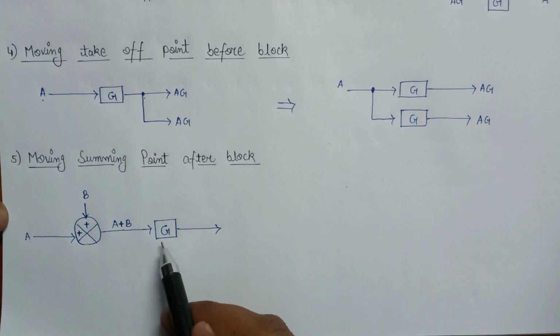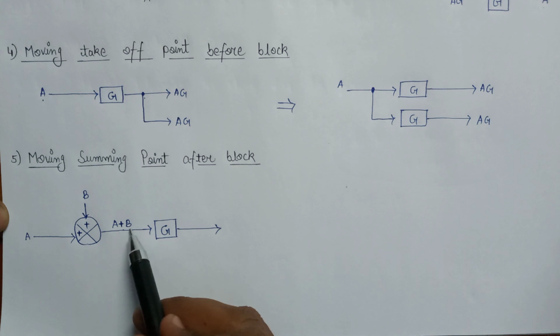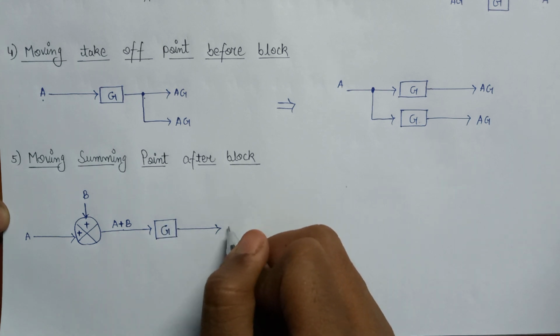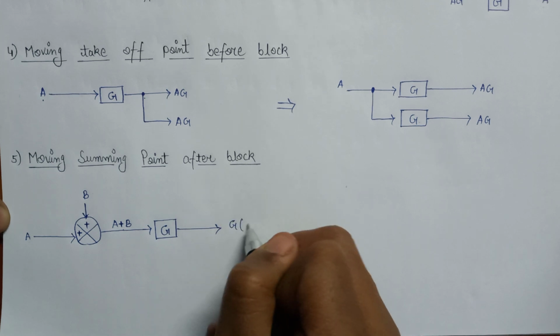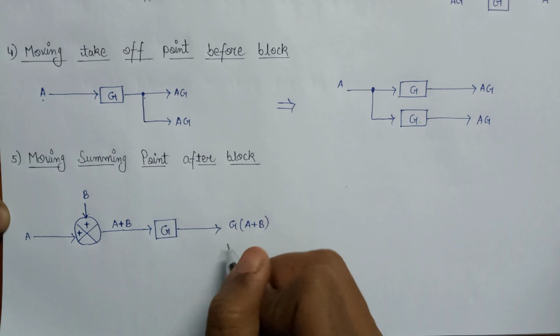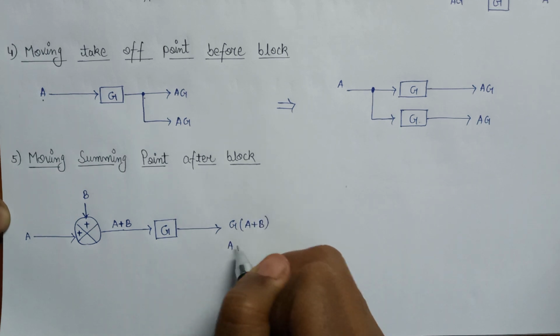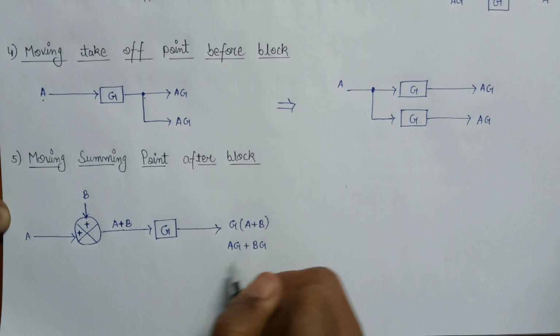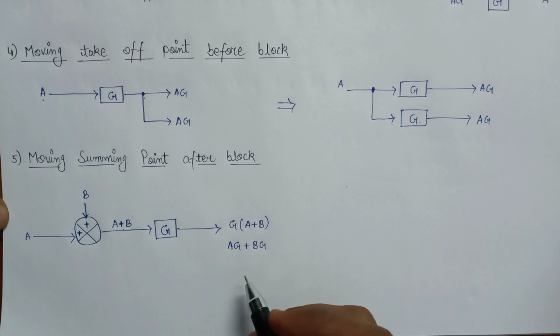That is nothing but a multiplication of this A plus B and this gain G. So it will be equal to G multiplied with A plus B. We can also write it as AG plus BG. This is the overall output.